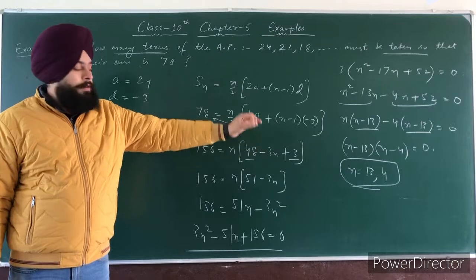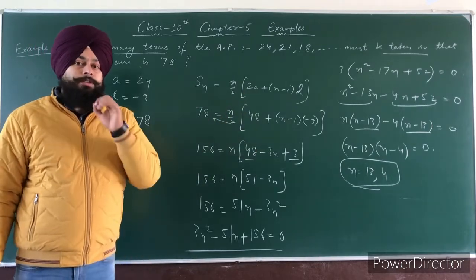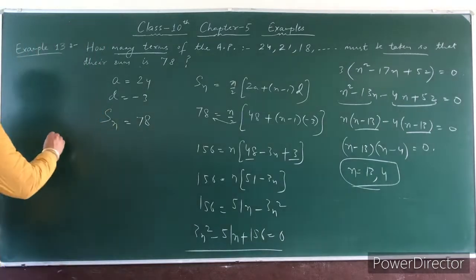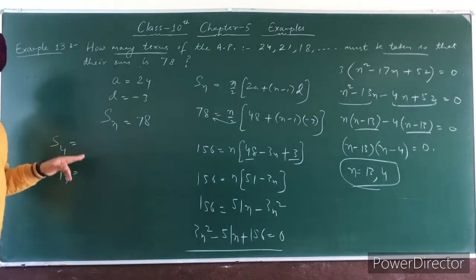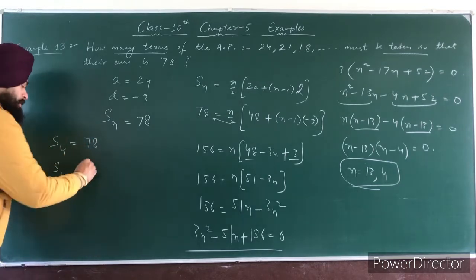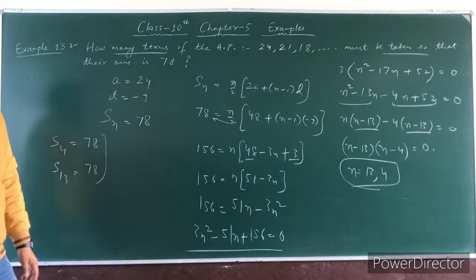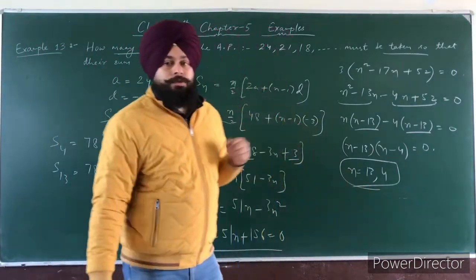So we can take both values 13 and 4. You can check your answer by finding the sums S4 and S13. You can observe that the sum of the first 4 terms is also 78 and the sum of the first 13 terms is also 78. So it means both values are possible in this question.